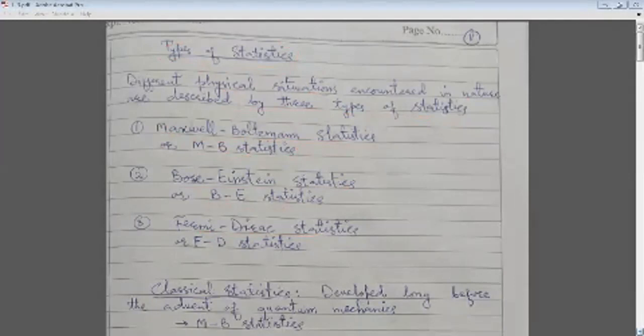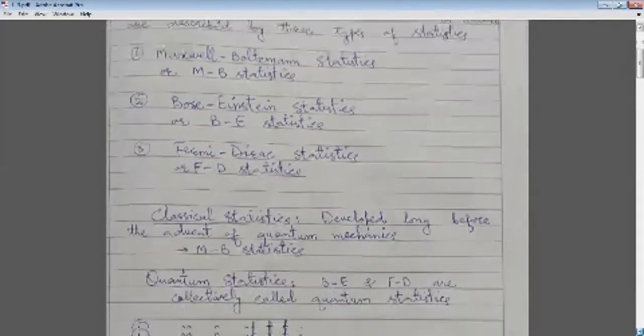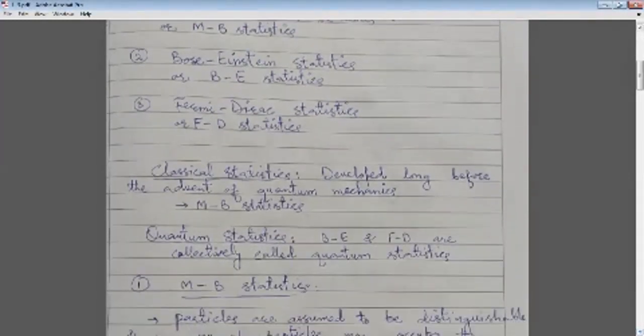We will also discuss these statistics in detail, but first we will see their background. What are these all about? The Maxwell-Boltzmann statistics is also called classical statistics because it was basically developed long before the advent of quantum mechanics.